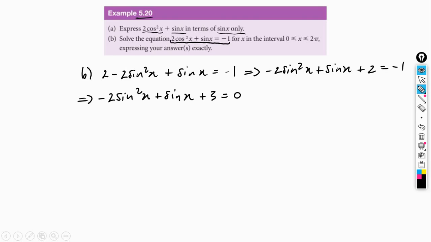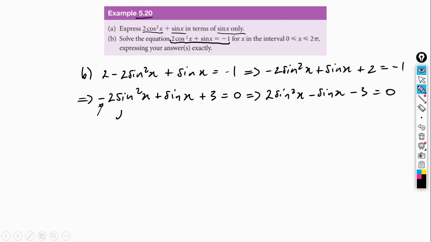And then finally, if we multiply both sides by negative 1, to get rid of this negative sign up here, we would get 2 sine squared of x minus sine of x minus 3 is equal to 0. Then if you prefer, we can do a substitution.